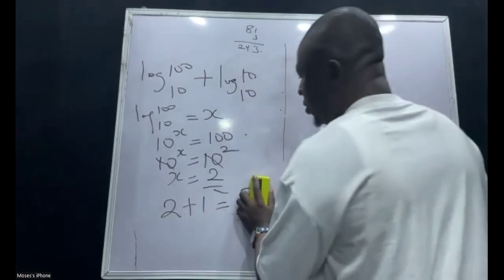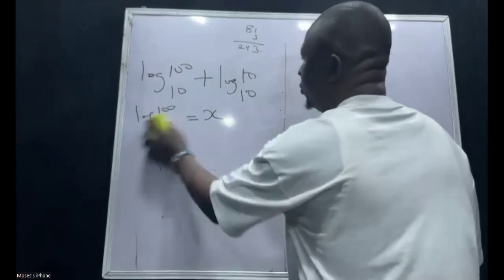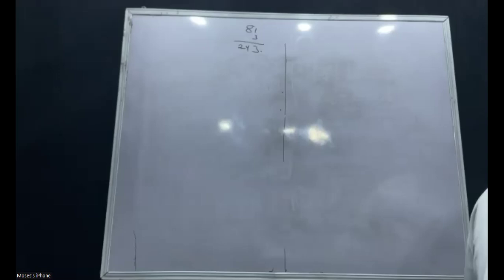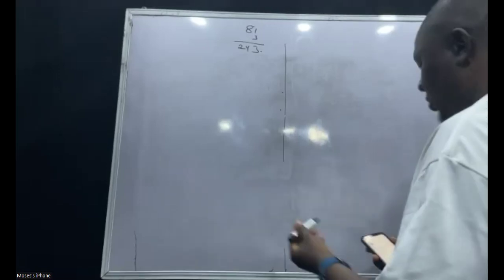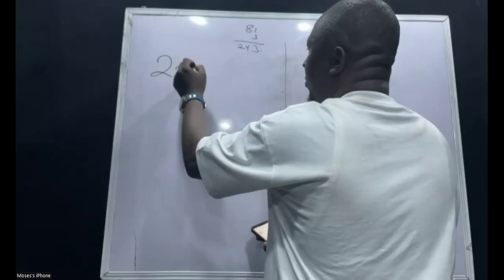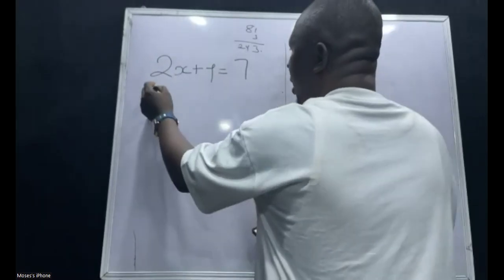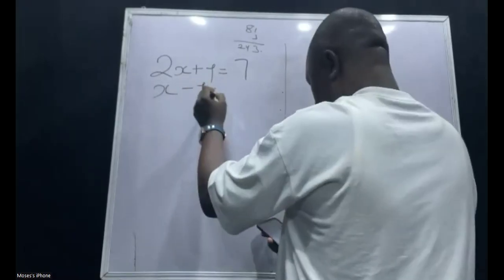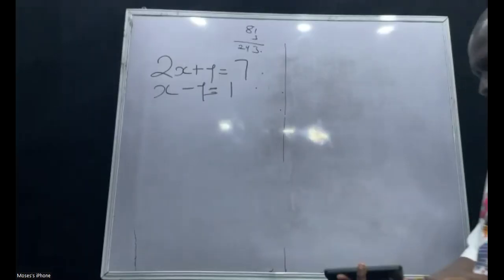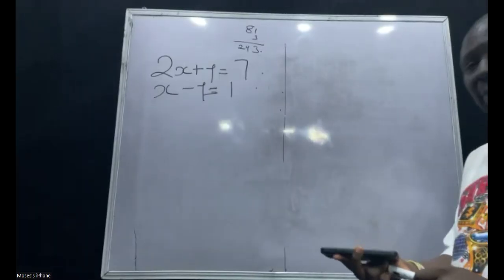Now, the next question goes same simultaneous. I pray this one leads to the answer in the option. Same thing: 2x plus y equals 7, x minus y equals 1. The same thing I told you, same nature of questions.